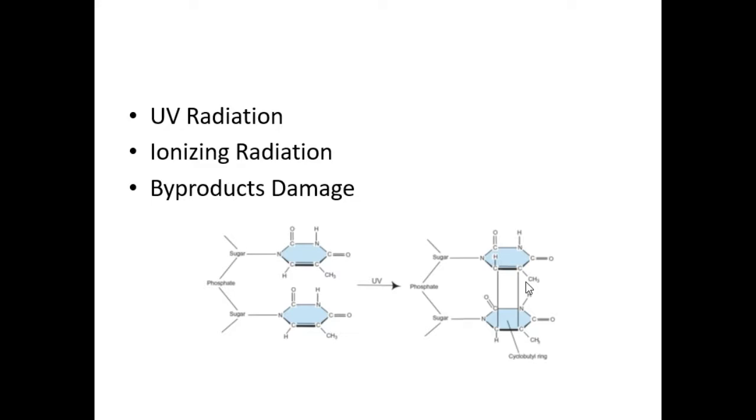They form the cyclobutane ring, and then this pyrimidine dimer. So that's the UV radiation. And then ionizing radiation, which includes gamma rays and X-rays. They interfere with the DNA molecule, similar to the UV.